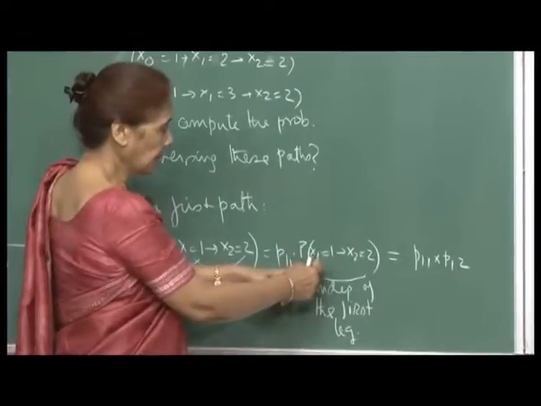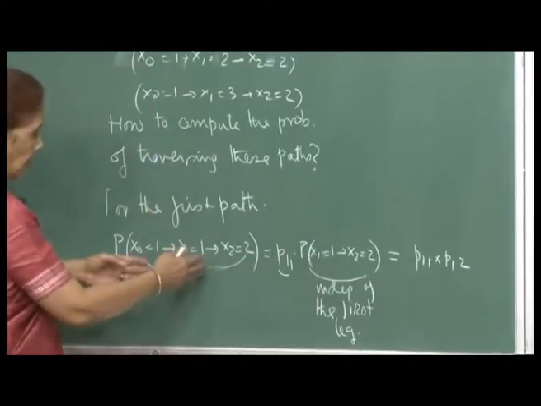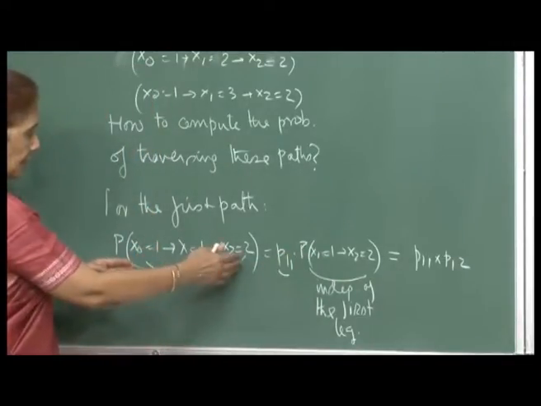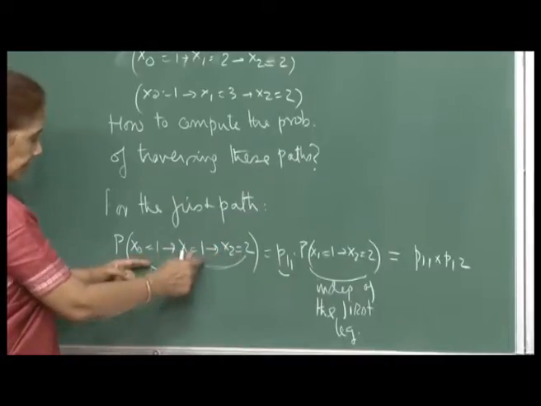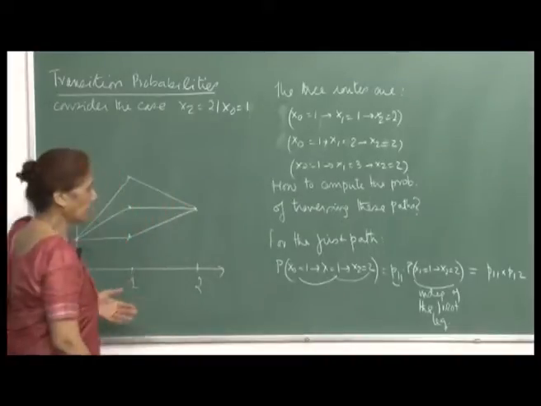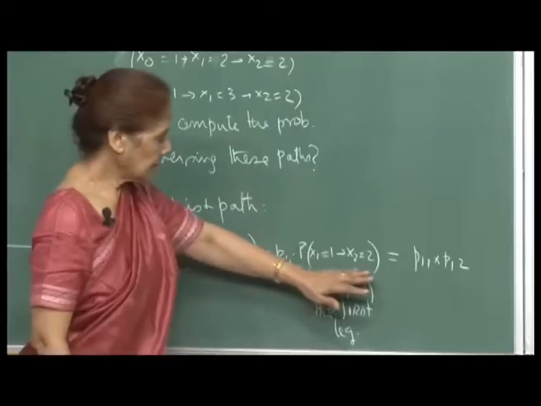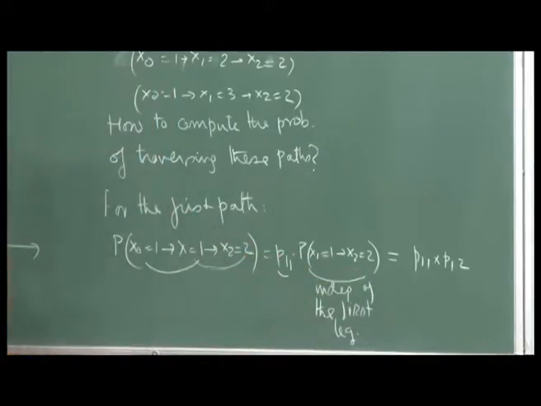So, it is independent of the value of x0, and therefore, I can write the probability of traversing this path as the product of the probability of the first leg and the probability of the second leg. This is where I am using the Markovian property, and otherwise I would not be able to write these 2 step transition probabilities.